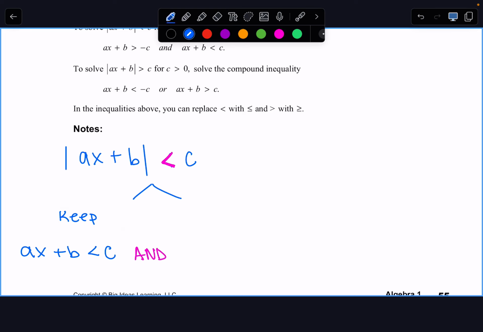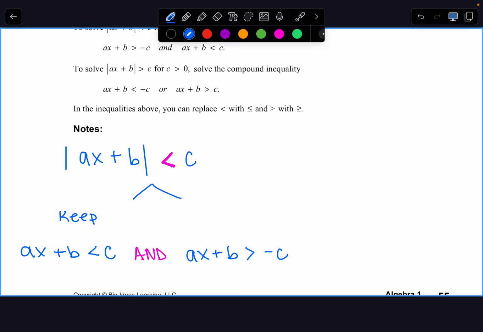Okay. Now, what did we do with our absolute value equation when we split it up into two? One of the answers was negative. So we're going to do the same thing here, where c is going to become negative, but that also means we need to flip our sign. Okay?